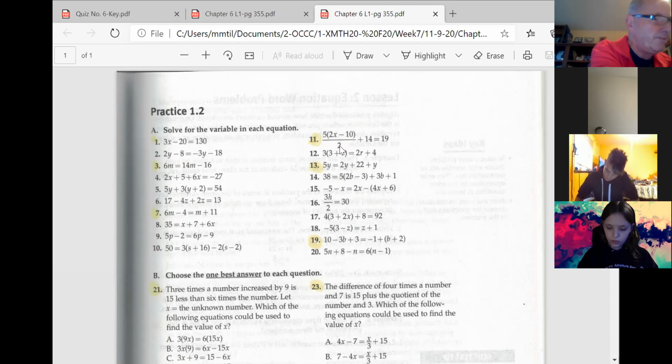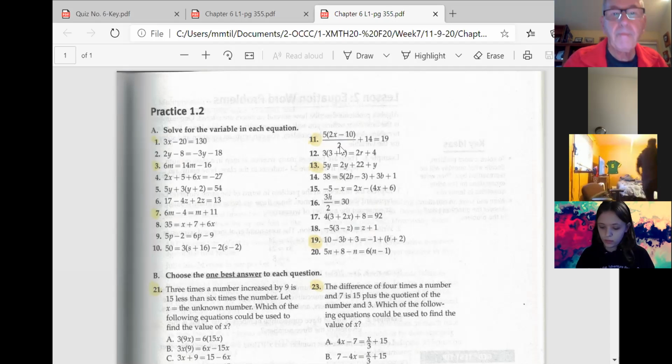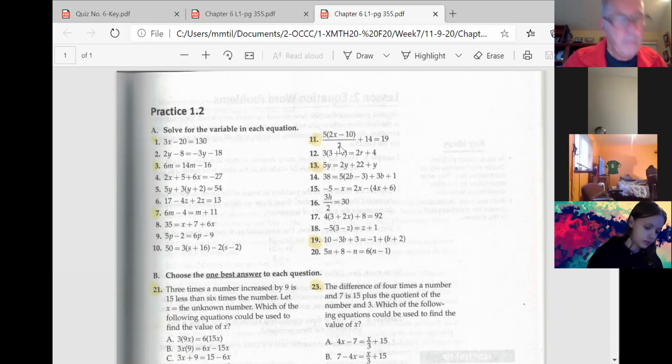Let me write that problem down and we'll look at it on the board here just a minute. 5 times 2x minus 10 over 2 plus 14 is equal to 19.